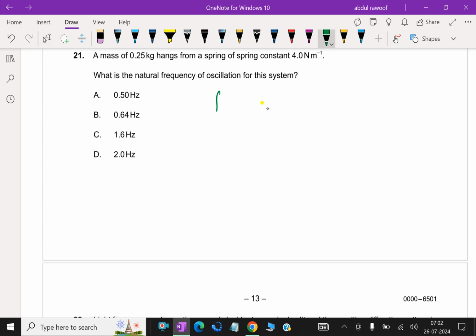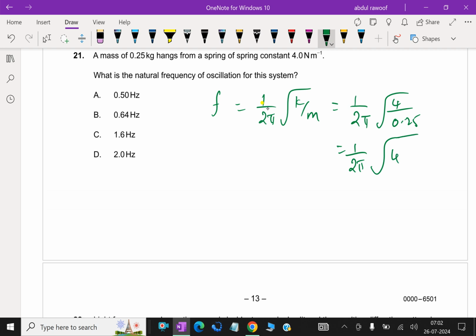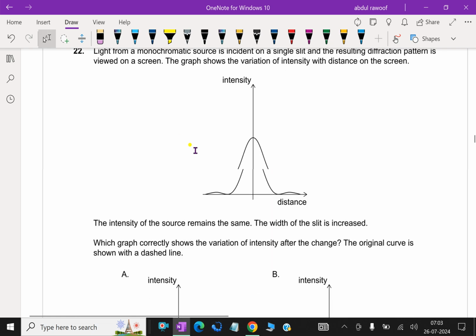Here, natural frequency f equals 1 over 2 pi root of k over m, which is 1 over 2 pi root of 4 over 0.25. 4 over 0.25 is 16, root is 4, so 1 over 2 pi into 4, which is 2 over pi. 2 over pi is approximately 0.64. Option B.